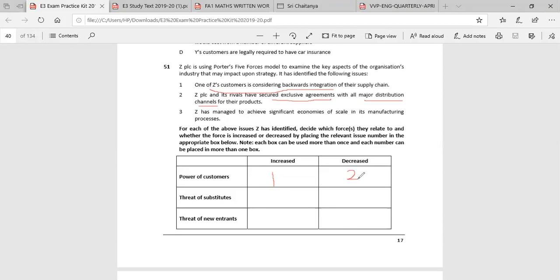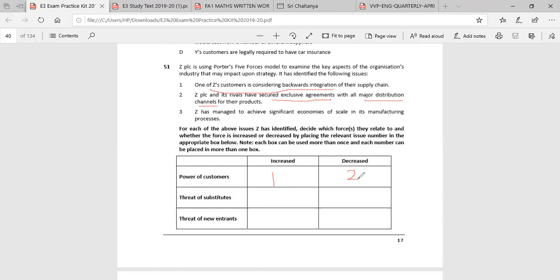It's something like what I told you about switching costs. Once they enter into a subscription, as long as they continue to be customers, they can avail the benefits associated with the subscription. But once they move from that subscription, they cannot get the benefits. If you are a member of a particular shop, store or mall, as long as you're a member you get the discount benefits associated with it.